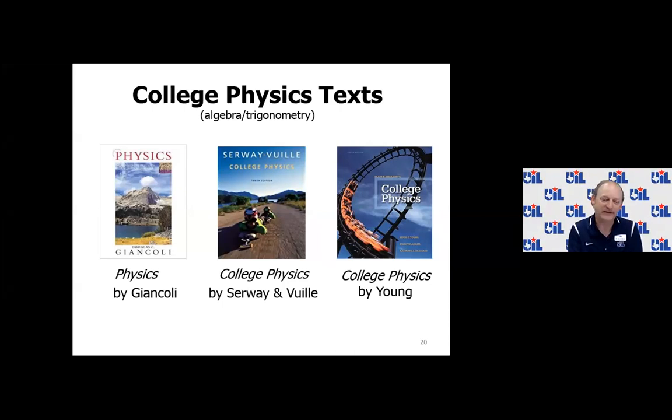And the difference is calculus. If it says college physics, then it is a non-calculus based book. It relies on algebra and trigonometry only, and you won't have any calculus in there. If it says university physics, or physics for engineers, or fundamentals of physics, it's got calculus in it. So for most of your students, you want to find a college physics type book.